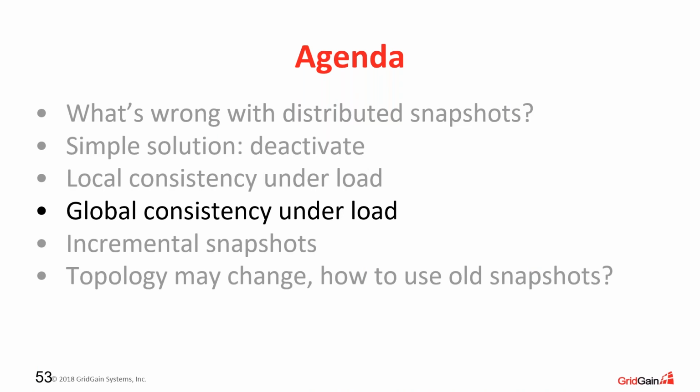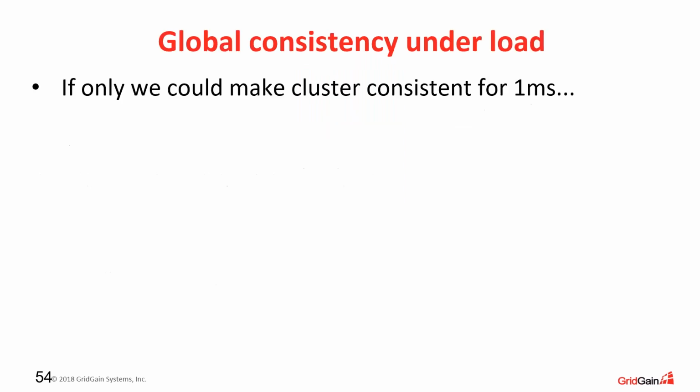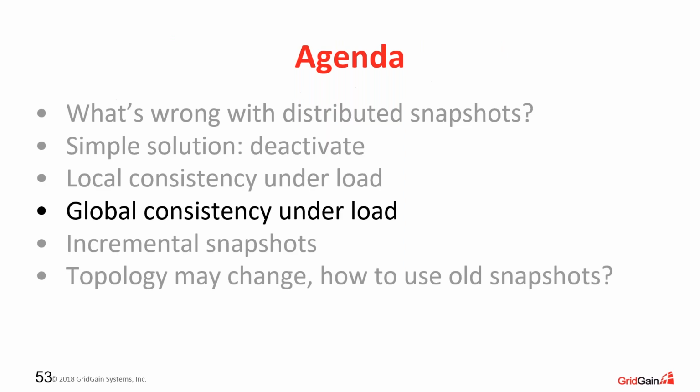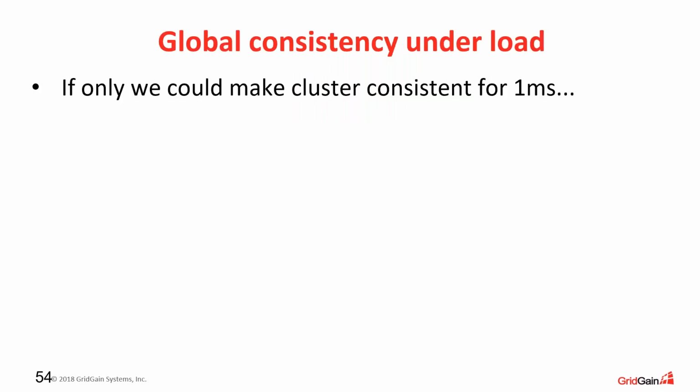That's good, but not good enough. We still have to reach global consistency. And to start discussing global consistency, I'll first enlighten typical problems that distributed systems may face. And first of all, let's dream a bit.